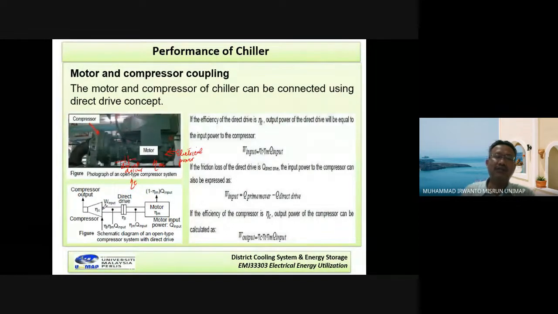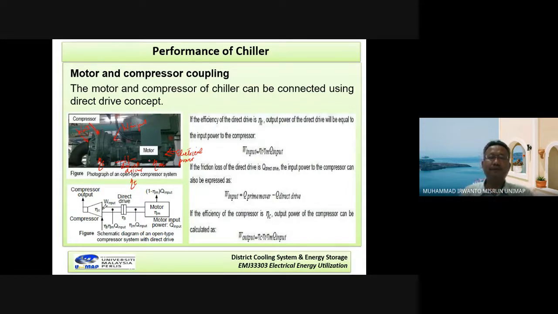After this, we have the input power for this compressor, and the compressor also has efficiency, the compressor efficiency. And lastly, this compressor has output power.